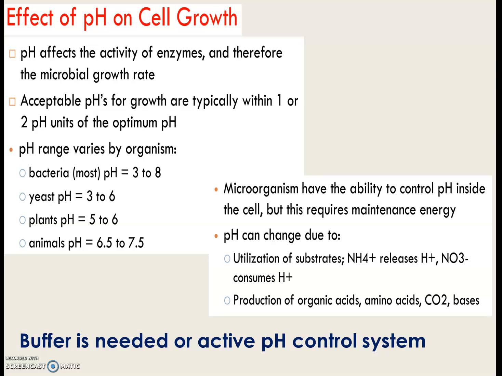Microbes have the ability to control pH inside the cell, but this requires maintenance energy. We have looked at maintenance energy before. You can recall the previous lecture on maintenance energy, which is in decline throughout the stationary phase, because it relates to endogenous metabolism, where the microbes are in a stage of survival.